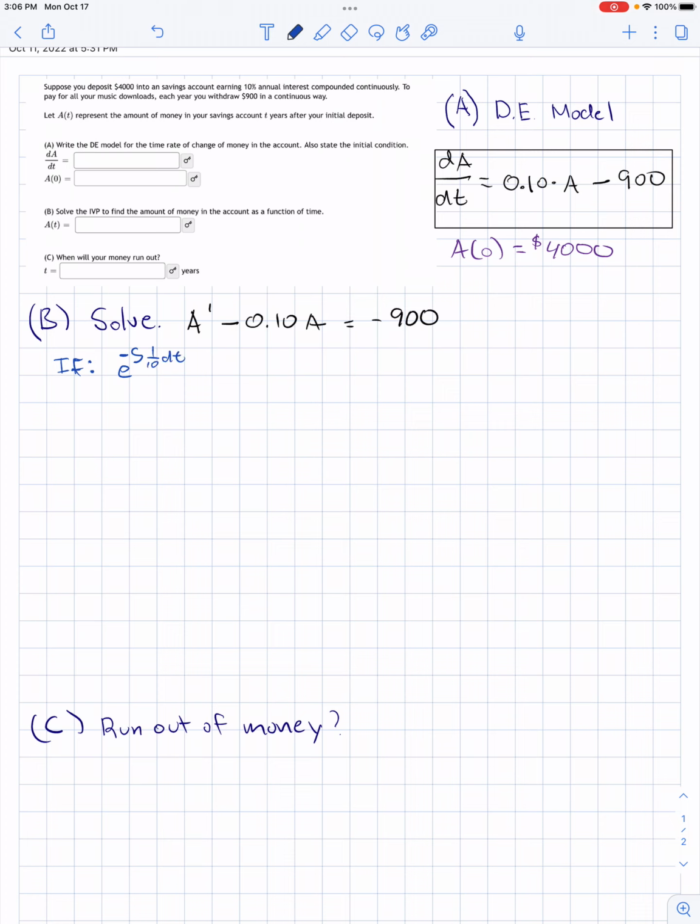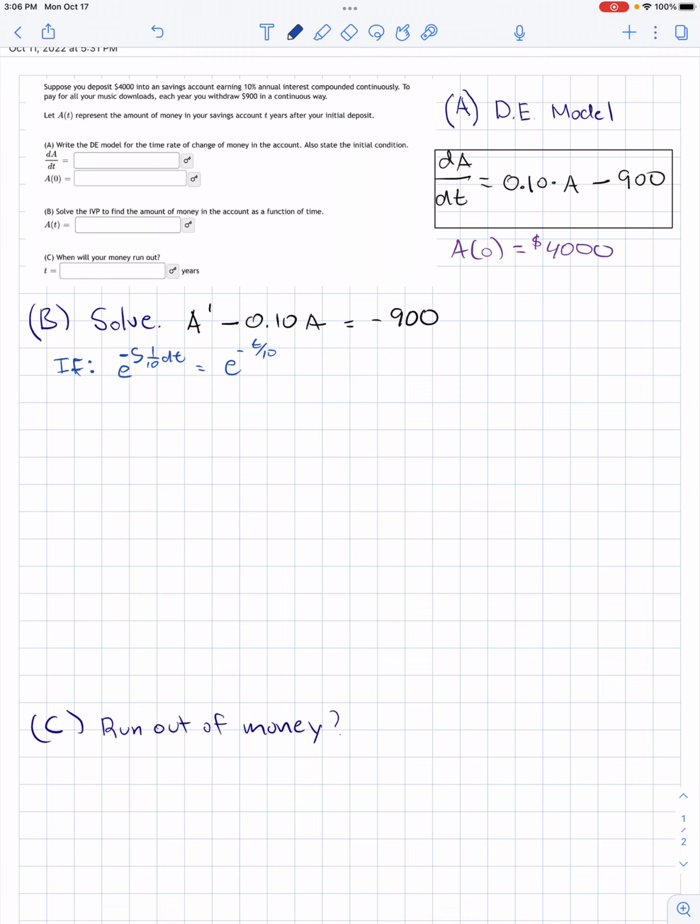And then in terms of t, integrating that, we get e to the negative t over 10. And that is our integrating factor.